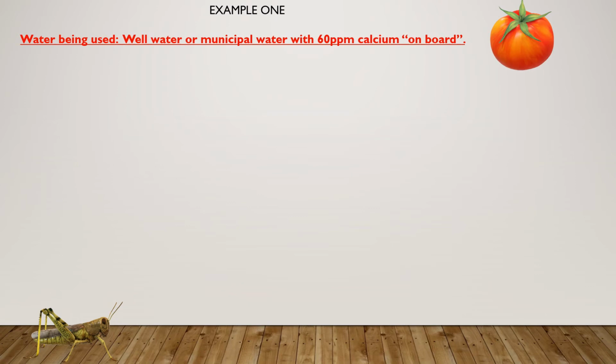I personally use Jack's in my commercial operations for just one or two simple reasons. They're rooted in science, and I can't find a better product for the money that you pay to buy a nutrient program. So let's look at one or two examples.